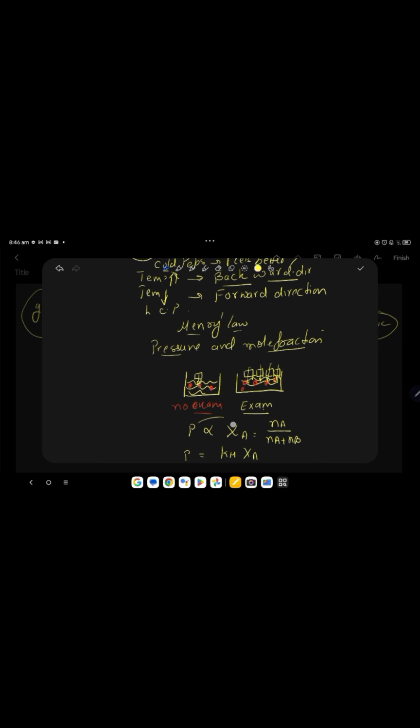Since these two are directly proportional to each other, if you plot a graph, you will observe that pressure and mole fraction are directly proportional, and the slope in this case will be Kh. That means through the slope we can find the Henry constant.